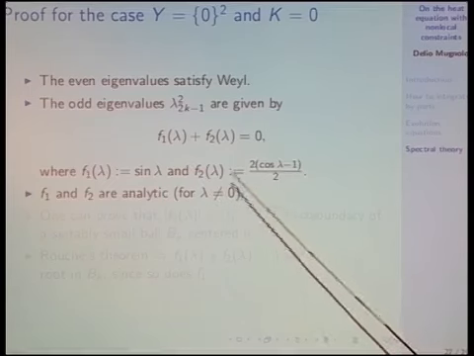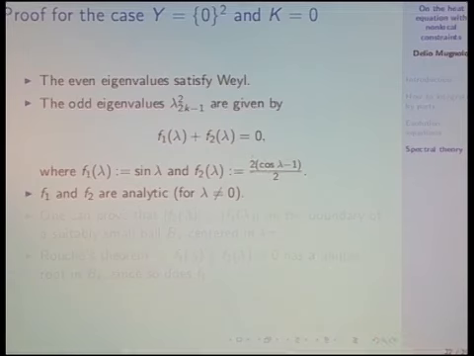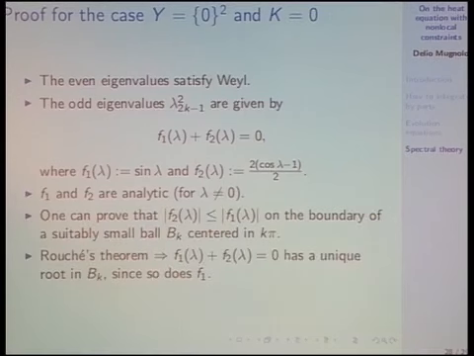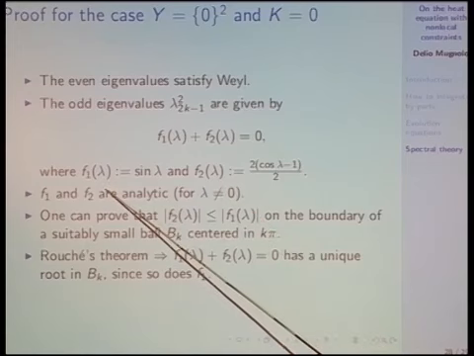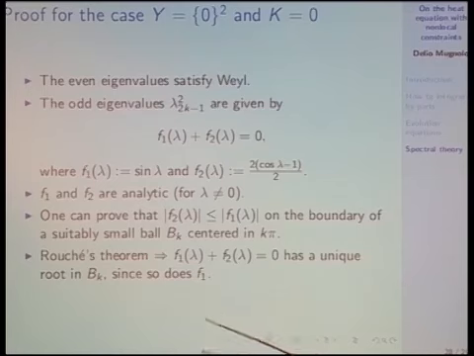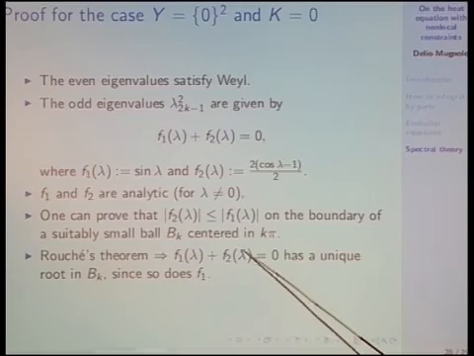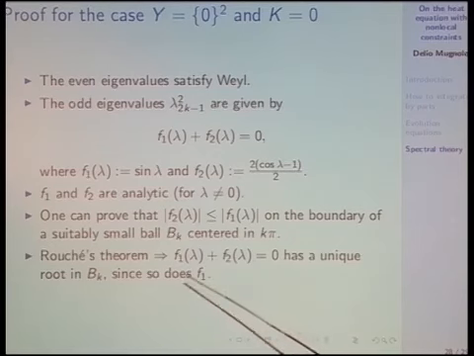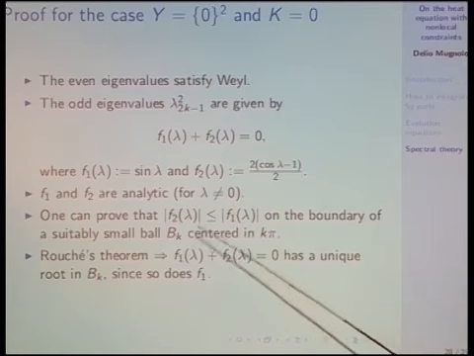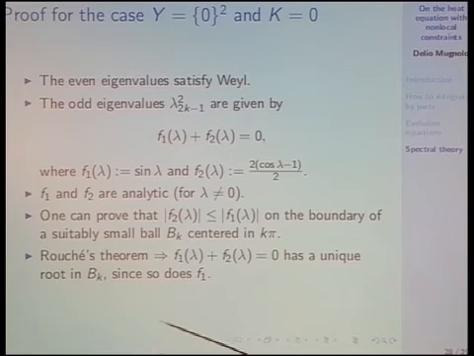And the idea is to apply, in some sense, a sort of perturbation approach. You just estimate this function f2 here by this function f1 here. And in this way, you can apply Rouché's theorem of function theory. This means that this equation here has exactly as many roots as the leading term f1 in a suitably small ball.